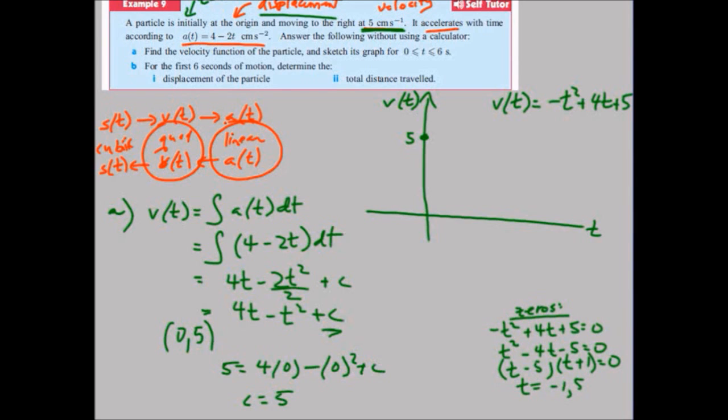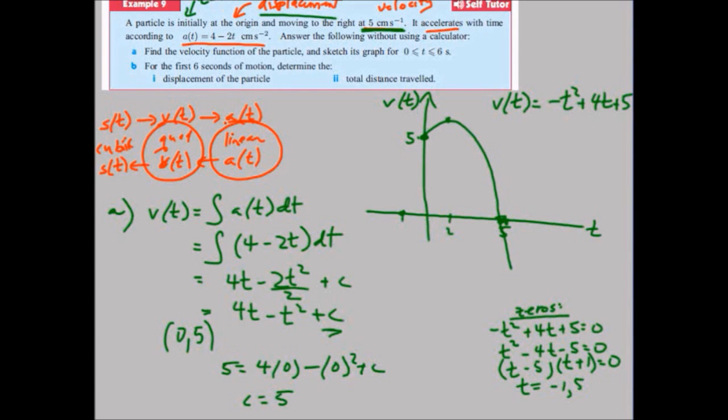So that means that at -1 we would cross the x-axis, but that would be negative time, so that won't be included on our graph. And over here at 5, we will also cross the x-axis. So what we know about quadratics then is that the maximum or minimum is halfway in between these zeros. So that's 6 divided by 2, so that would occur at 2. That means that here's our maximum somewhere up here like this.